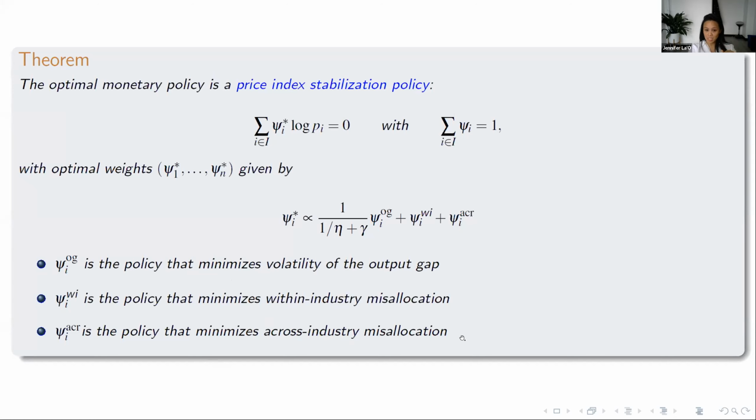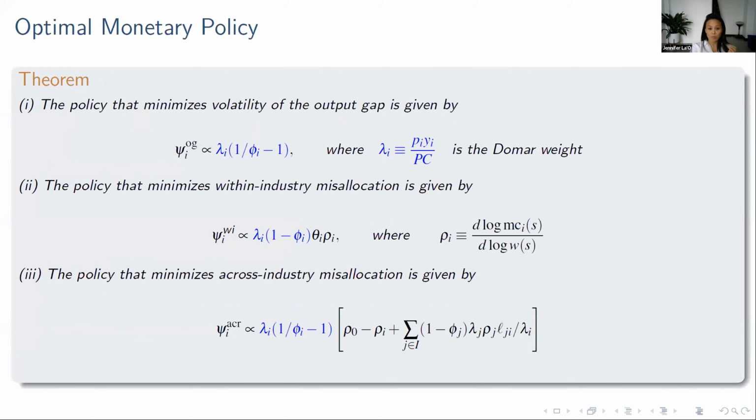Now, if you dig into what these coefficients actually are, you find that they look very similar to each other in the following sense. All of these policy coefficients depend on really 2 things.